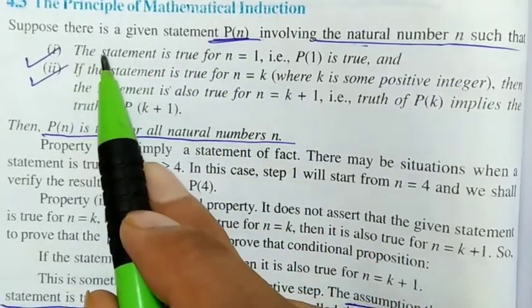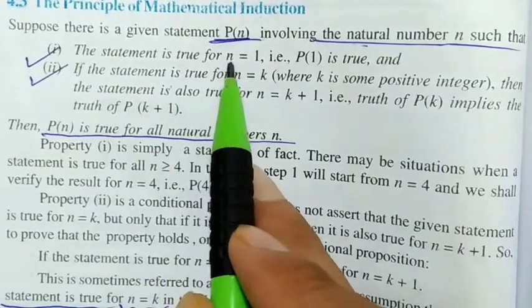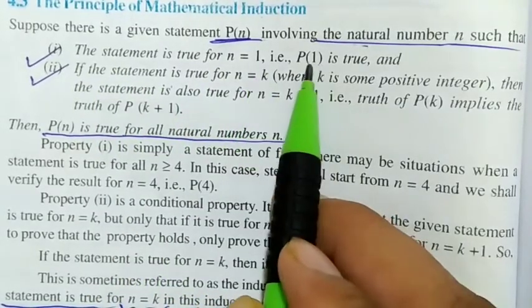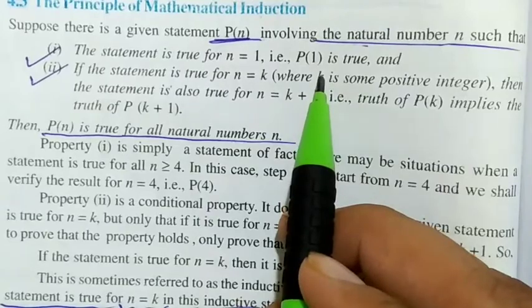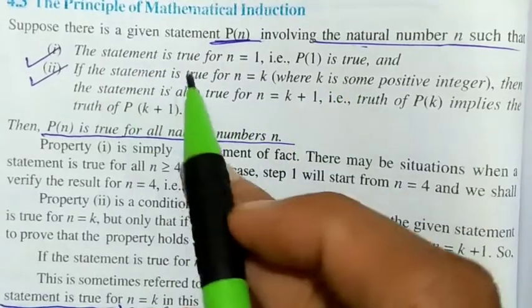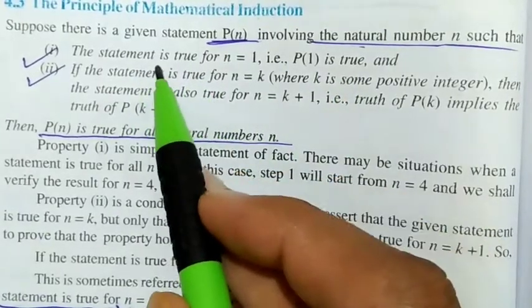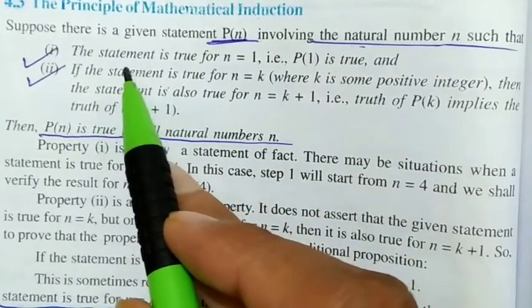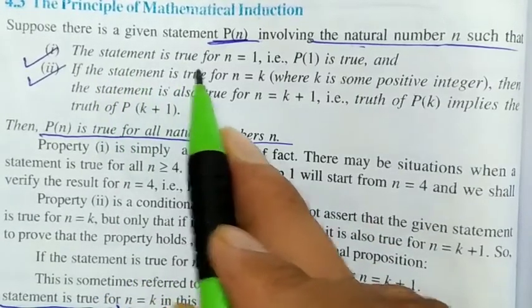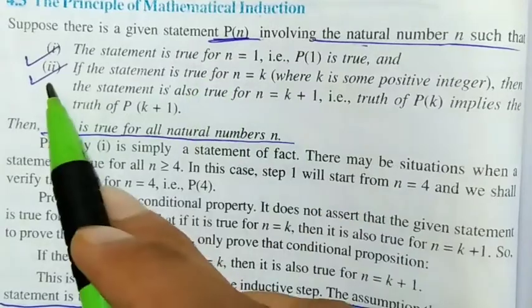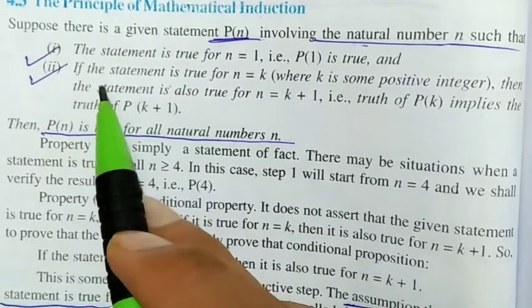First, the basic step: the statement is true for n equals 1, means we check P(1). This is the first step that you have to do in your exam. The second step is called the inductive step.